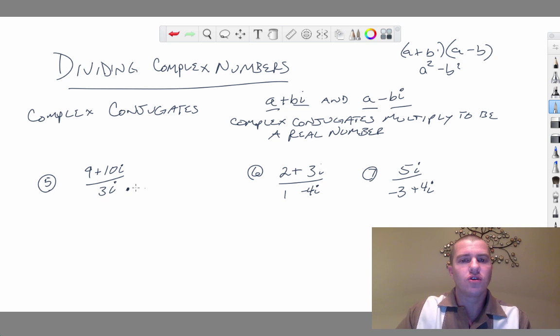So what I'm going to do, this is really just understand this as 0 plus 3i. So its conjugate is going to be 0 minus 3i, which is really just negative 3i.